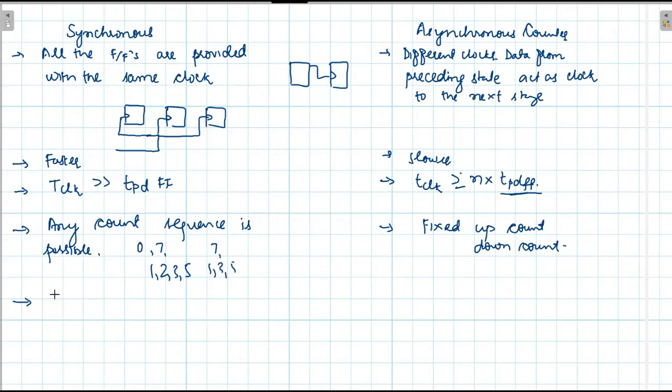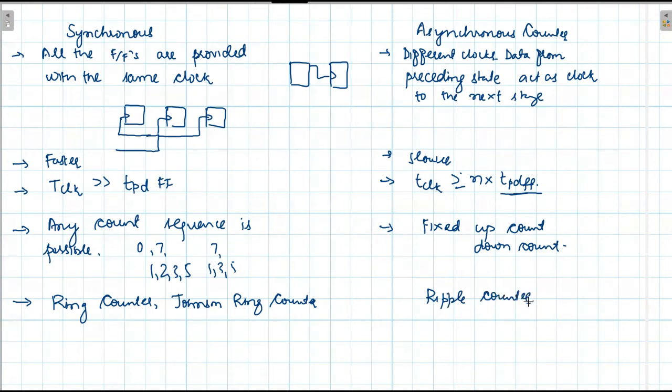And lastly, several examples. Examples are your ring counter and your Johnson ring counter. We are going to discuss them in the coming classes, and here your example is the ripple counter. So this is just a basic idea about the several systems.